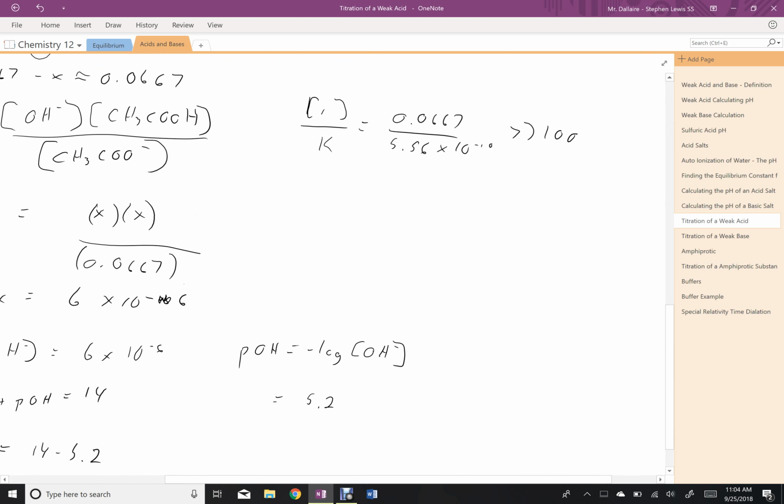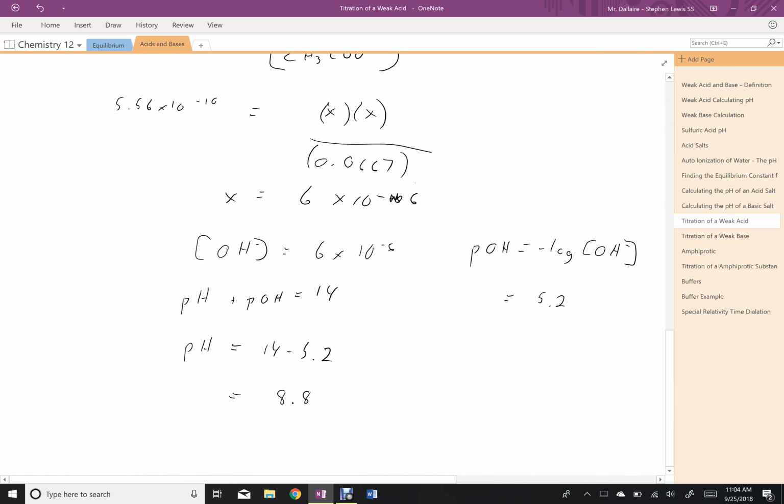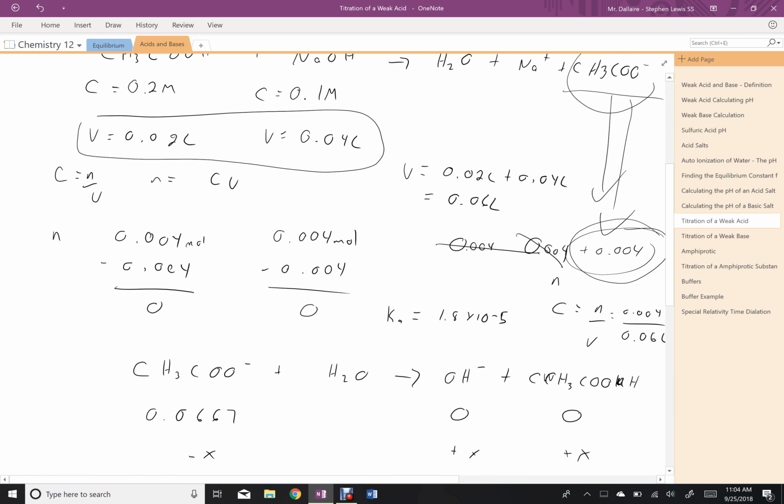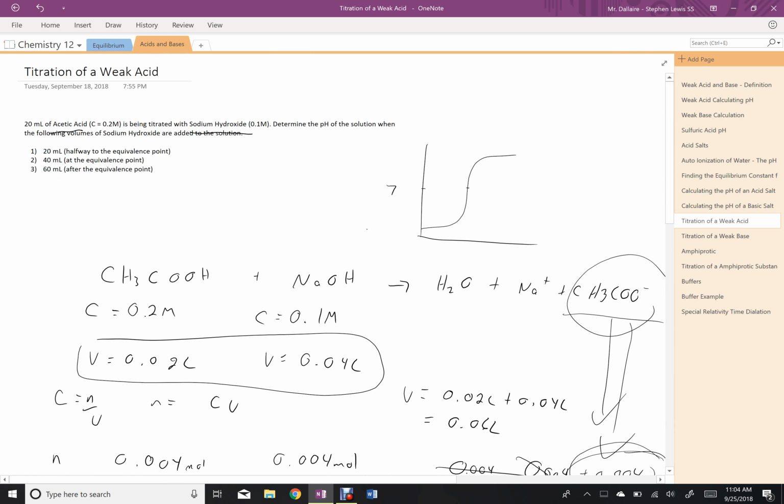And so even though I'm at equivalence, I do not get a pH of 7, but instead I get a pH that's slightly different. This is very interesting because what that means is that the equivalence point of this process, where remember our pH would be coming up earlier and then swing through, would be in the basic range.